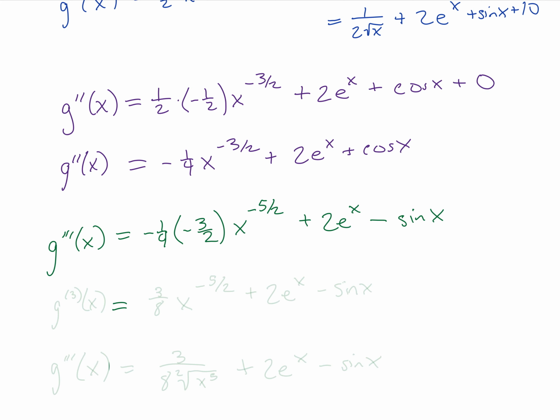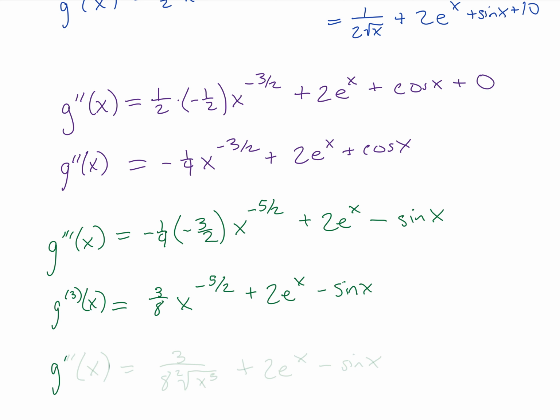And so we could rewrite that as g triple prime of x is equal to negative times a negative, that's a positive, 1/4 times 3/2 is 3/8, x to the negative 5/2 plus 2e to the x minus sine of x, and we could leave it like that.